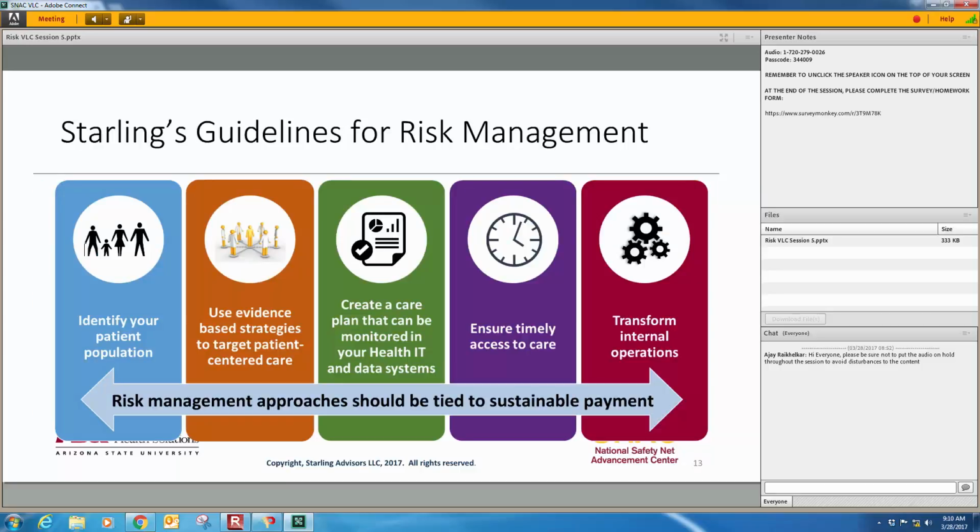So when we look at a model for how we think safety net organizations should be thinking about risk management, there are six main components that we think health centers and safety net providers should be focused on.